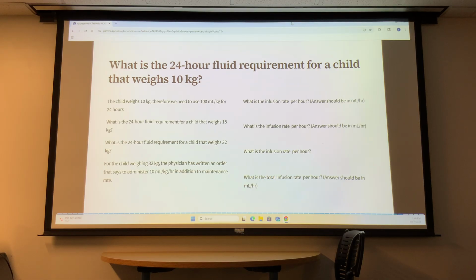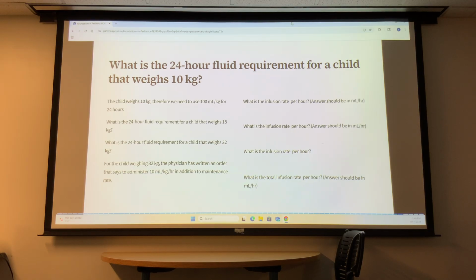Is it 400? Okay, so then we got 400 there. So we're gonna add those together. So 1,400 mLs in 24 hours.